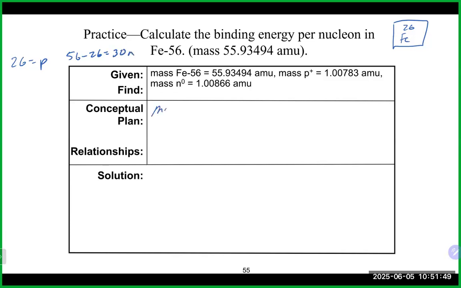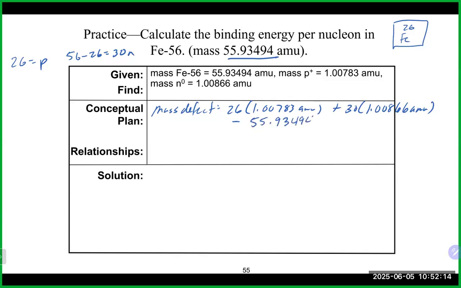So again, our mass defect here, we got 26 times our protons, 1.00783 AMU, going to add it to our 30 times our neutrons, 1.00866 AMU. Again, going to subtract it from the atomic mass of this isotope, 55.93494 AMU.